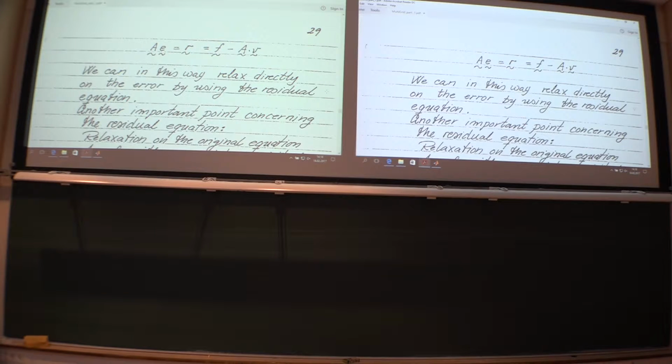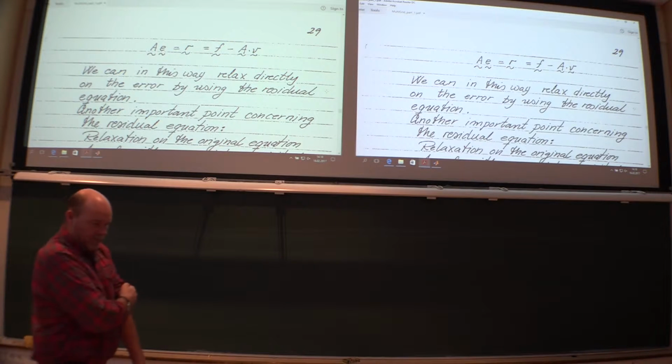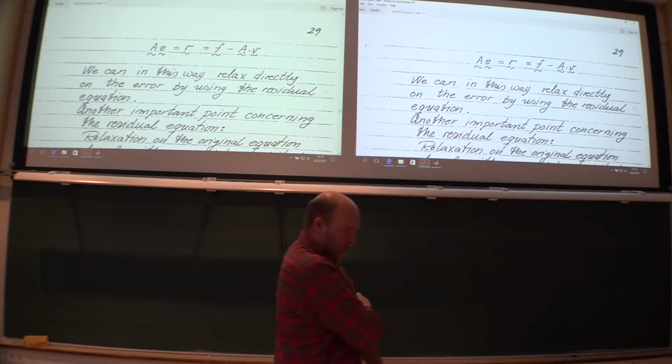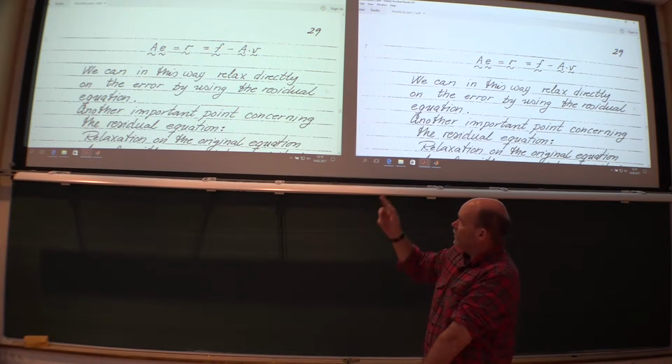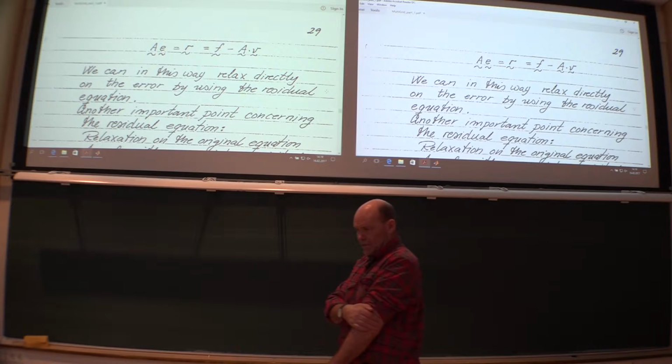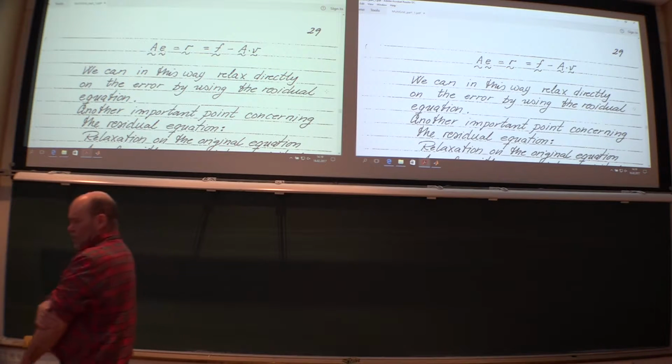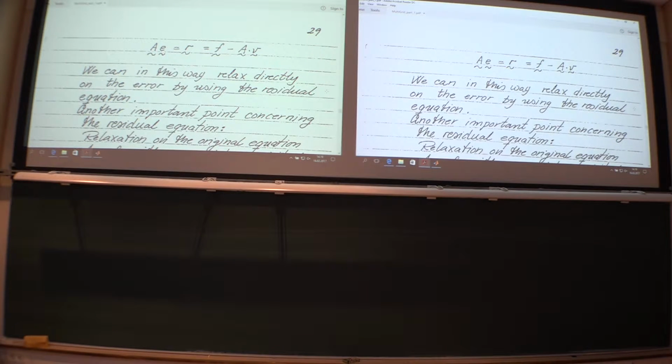Here again now the residual equation. So we are going to do the following. On the fine mesh, you do a couple of iterations, not many, 3, 4. Calculate then the error, or actually the residual. It's fairly straightforward.